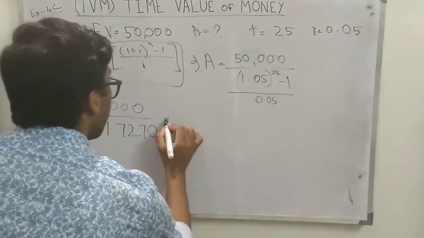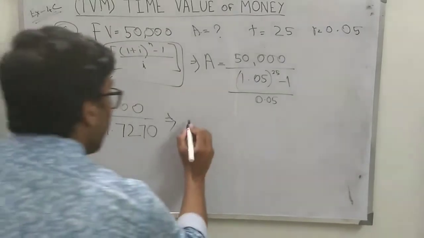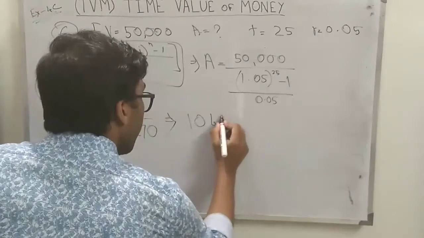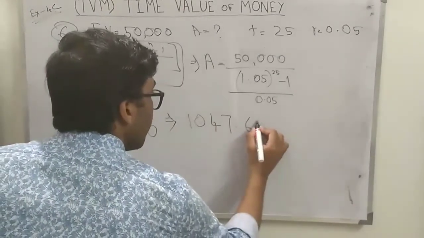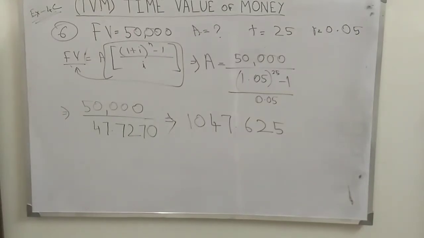Now 50,000 divided by 47.7270, the value is 1047.625. Now the answer is given as 1046, this will be the correct option.